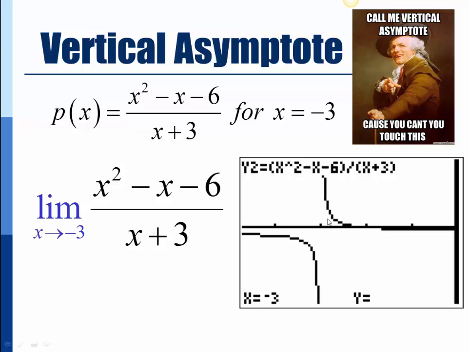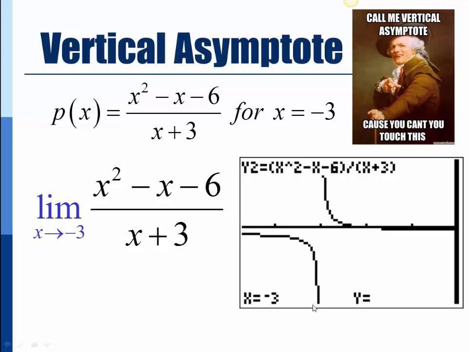If we look at it graphically, and here's our x equals -3, we do not get a y value. It's undefined because of the 0 in the denominator. This one's got some problems because on one side of -3, this thing's zooming off to infinity, and then on the other side, as we get close to -3, this thing's going down to -infinity.